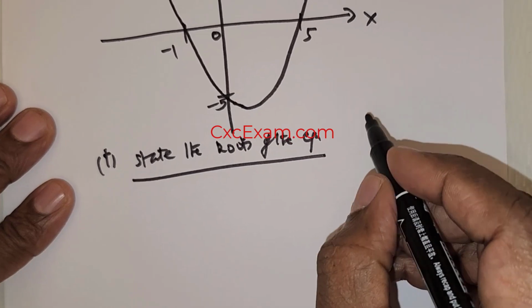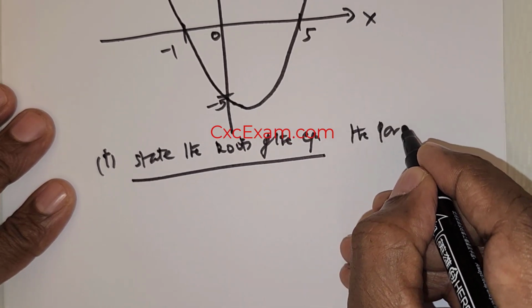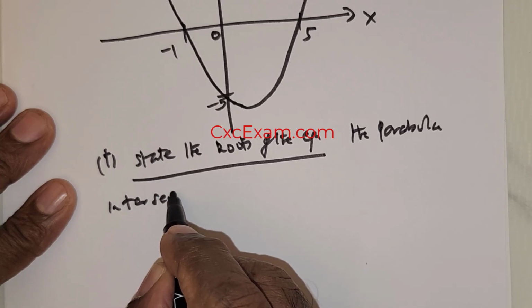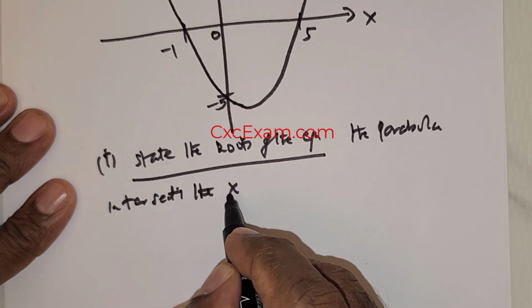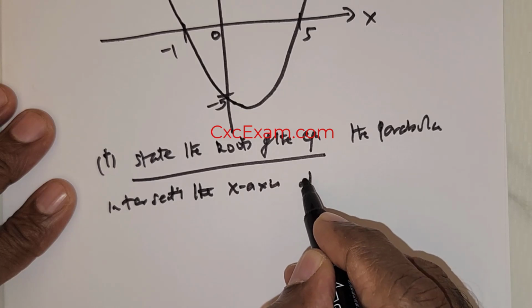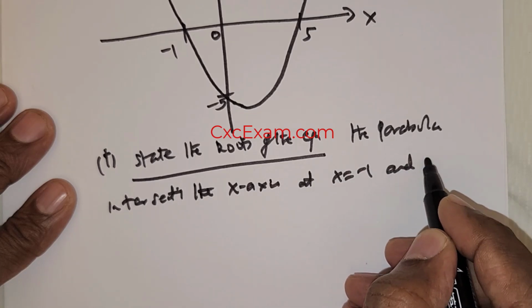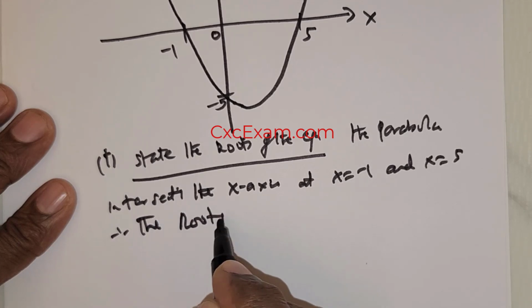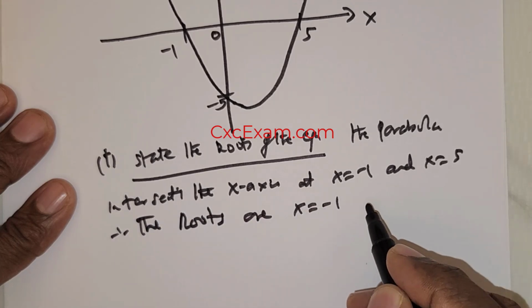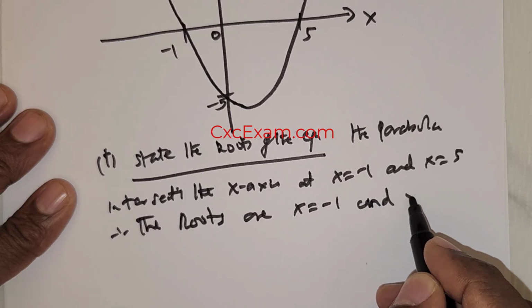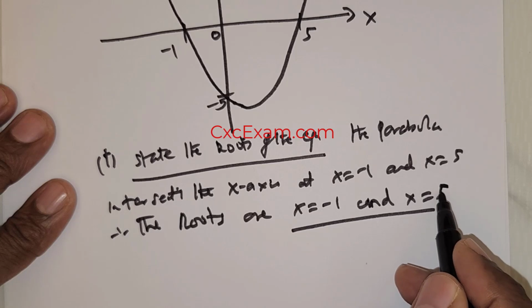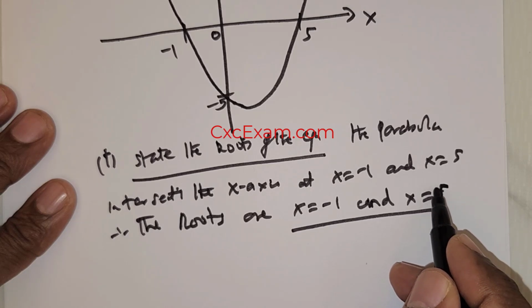Now, the parabola intersects the x-axis at x is equal to -1 and x is equal to 5. So therefore the roots are x is equal to -1 and x is equal to 5. So this is the solution to this question.